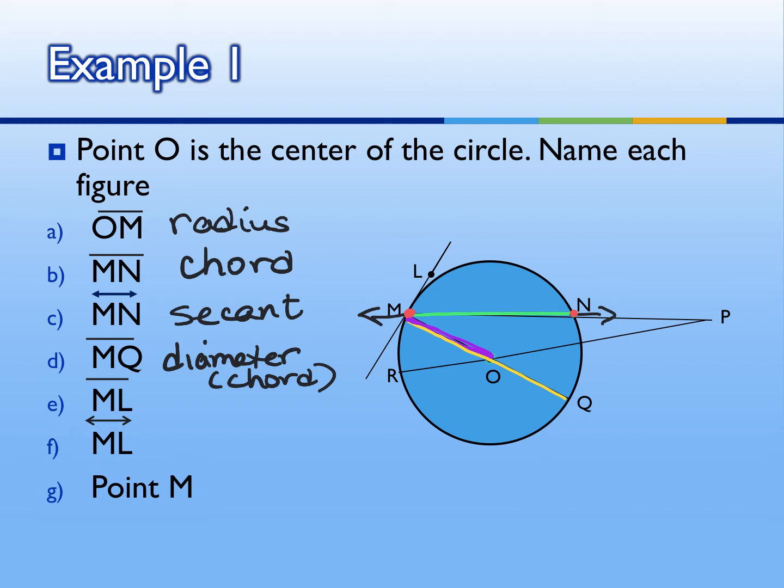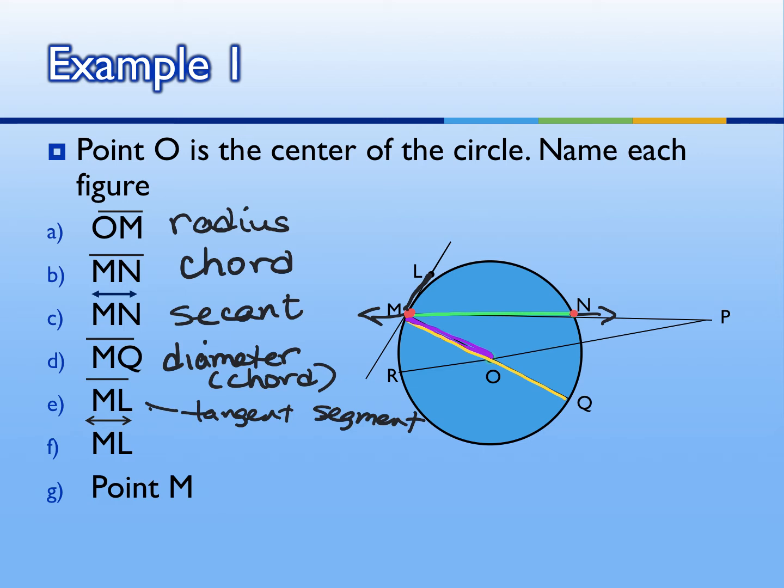ML, let's get a different color here. ML, and again, notice the picture on top. It's a segment, and this is touching the circle at 1 point. So this would be the example of the tangent segment because that's what's identified on top of the capital letters.